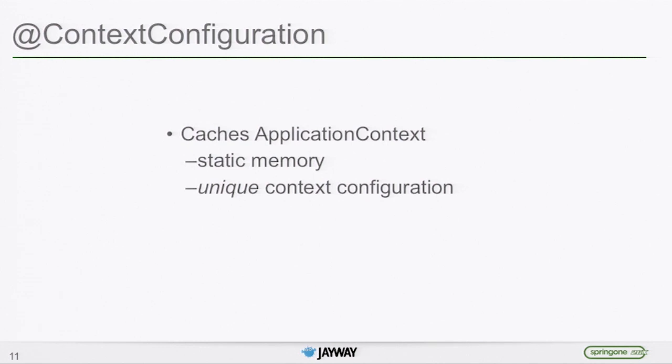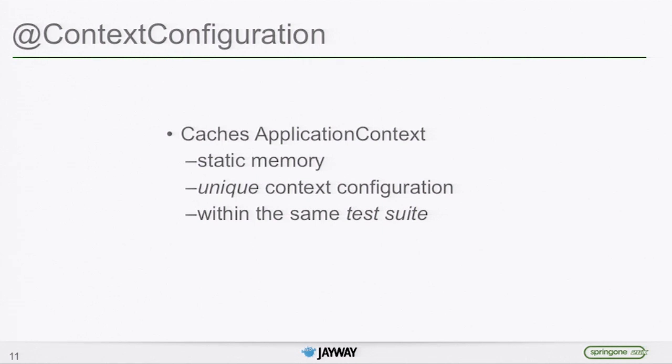So how long is the application context cached then? It's cached for the entire test suite. And that is also a bit fuzzy. What is a test suite? Is it just a class? Is it just a single test? It depends on what you're using. If you're using a build script like Maven or Gradle, it's actually cached for the entire duration of that test run.